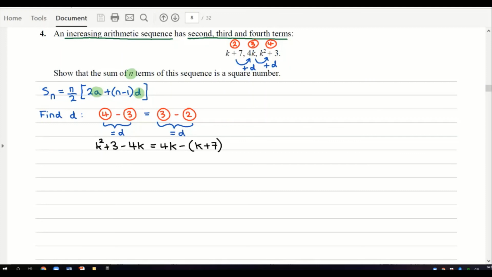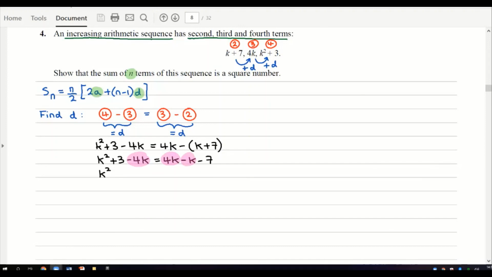So we just tidy this up and solve this quadratic. All right, so k squared, add 3, subtract 4k is equal to 4k, subtract k, subtract 7. Let's get everything onto one side and collect like terms. K squared. Now, so here we've got negative 4k. I'm going to have to subtract the 4k here and then add the k here.